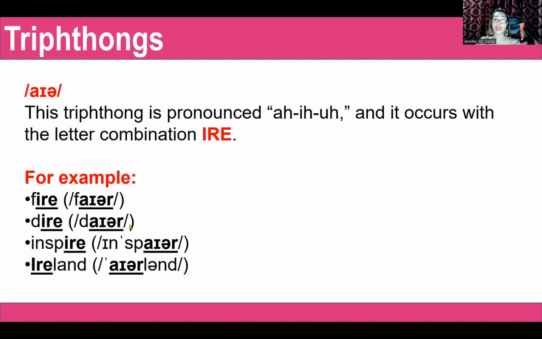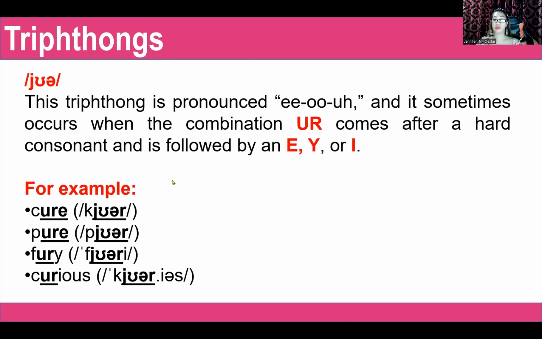Fire. We have dire. We have inspire. Then we have Ireland. So the right pronunciation for that is fire, dire, inspire, and Ireland, since it is a triphthong, the I sound.